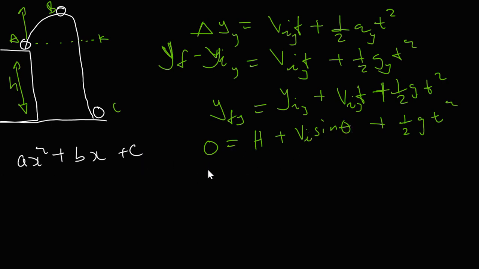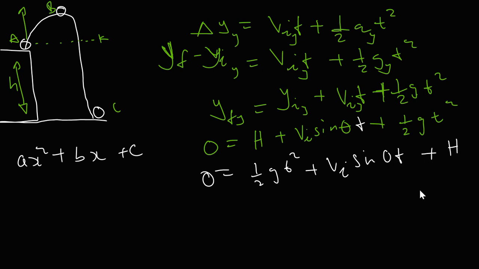So if I order this in a nice way that you easily recognize, we have half g t squared, plus v initial sine theta t, plus H. This part is the coefficient of t squared, this part is the coefficient of t, and this part is a constant. From that we can see that this one is a, this one is b, this one is c.